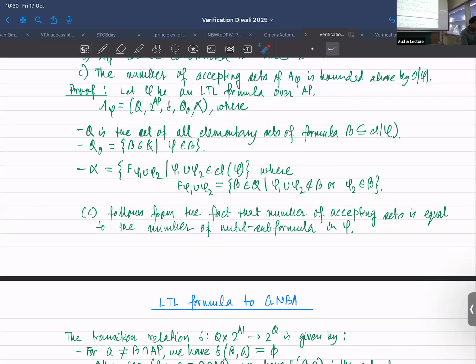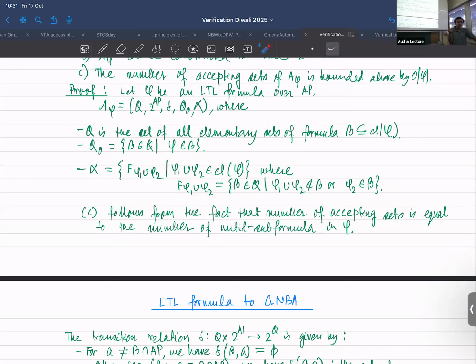So if you have, let's say, some r number of until subformulas, then you are going to have in the GNBW r such sets. And the GNBW says that each of these sets has to be visited by the accepting run. If a run visits each of these r sets infinitely often, then the run is accepted.